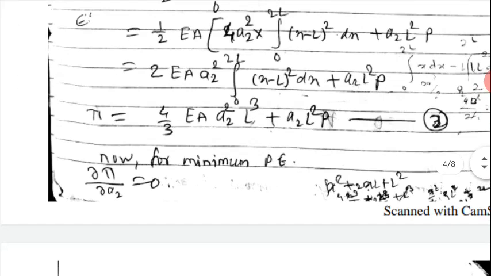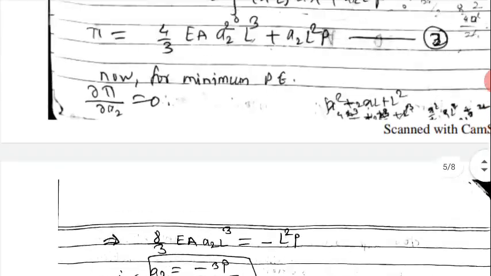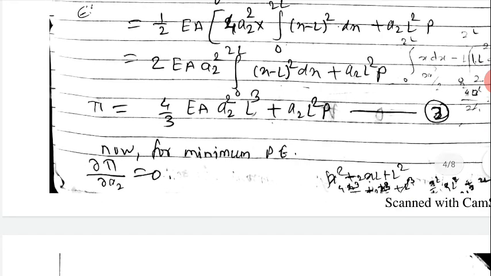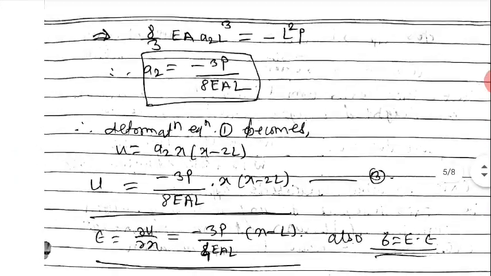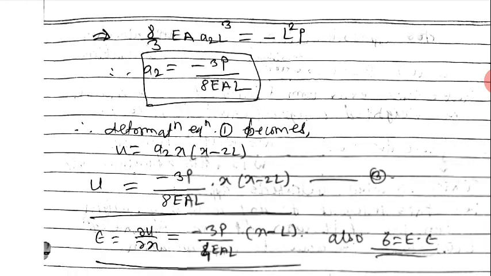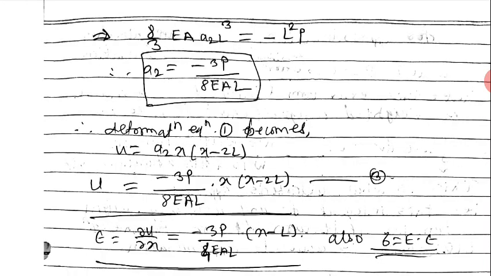So we have to put del pi by del A2 is equal to 0, and we take the partial derivative of this equation. We have the value in equation number 2, and we put the values over here, and we get the value of A2 is equal to minus 3P upon 8EAL. The deformation in equation 1 becomes u is equal to A2 into x minus 2L.